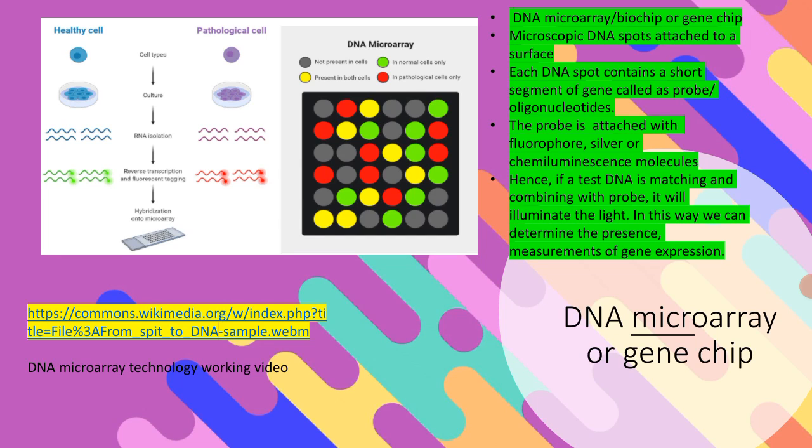In this, the microscopic DNA probes, the short segments of DNA, are attached as spots to a surface. On that surface, the probes can be short DNA segments, gene segments.